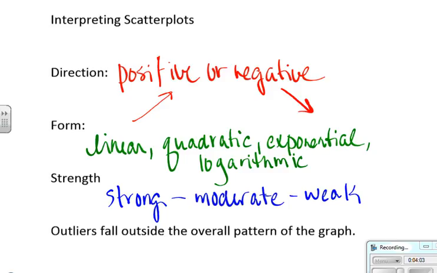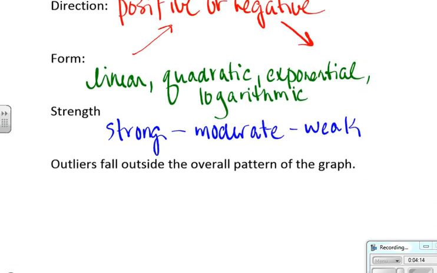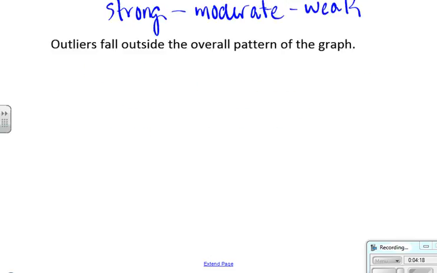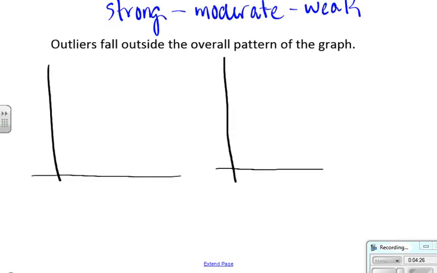Okay, if there are any outliers, you should talk about that when you interpret the scatter plot. Outliers will be obvious, I hope. They are data points, again, that fall outside the normal pattern of the graph. You can have an outlier in either the X or the Y direction, or both.